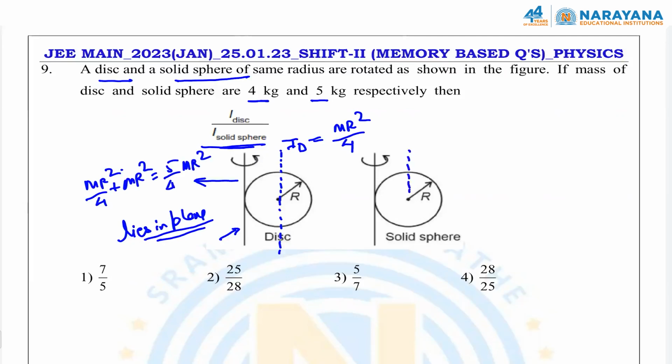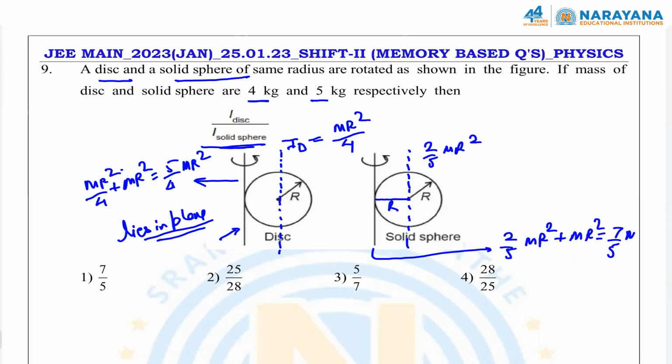Similarly, for a solid sphere, the moment of inertia about the center is 2 by 5 mr square. This distance is r. So by parallel axis theorem, this will be 2 by 5 mr square plus mr square, which is 7 by 5 mr square. Masses are different, be careful.